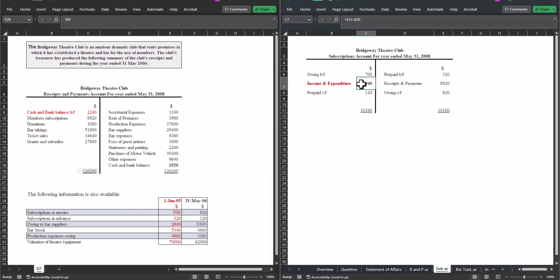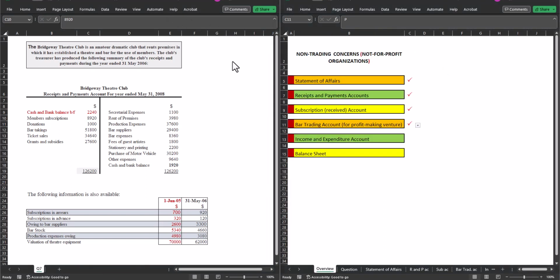Of course, we could have simply added the three items on the credit and then simply subtracted the other two. It's much easier. This figure would then be transferred to the income and expenditure account. So let's bear that in mind. We're no longer using that figure here, $8,920 as a subscription figure. We are now using the $9,340, which we calculated.